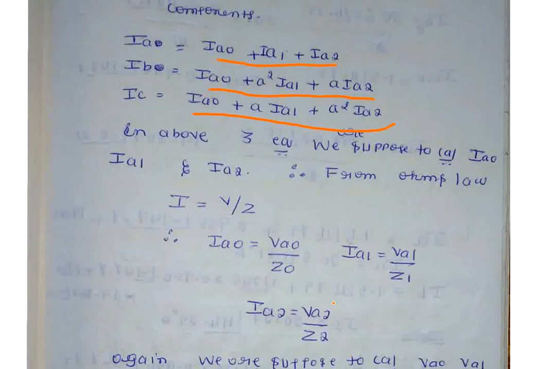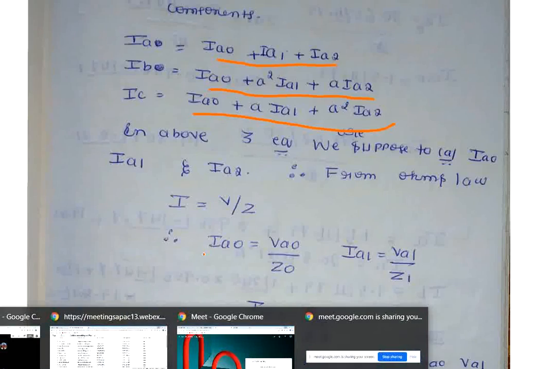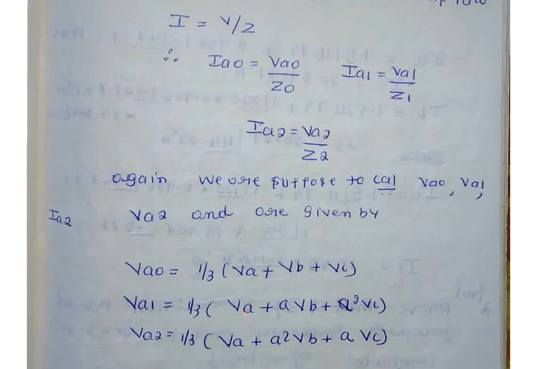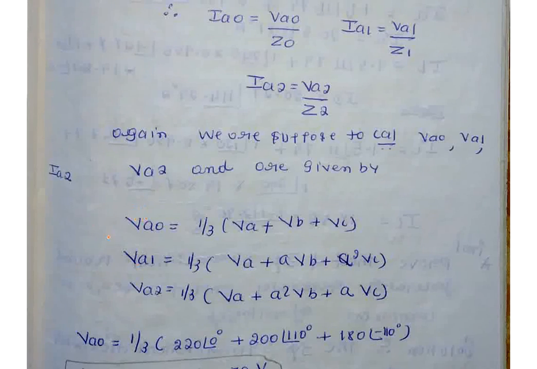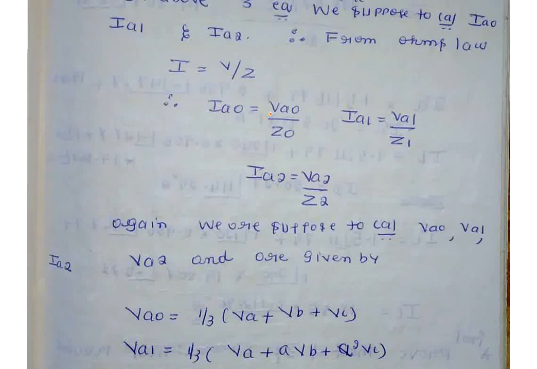So IA0, I can write, is VA0 by Z0. IA1 is VA1 by Z1. IA2 is VA2 by Z2. Now, I want to find VA.